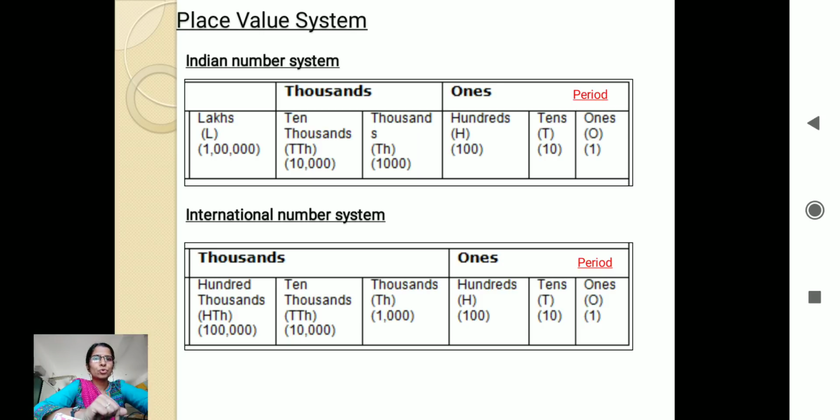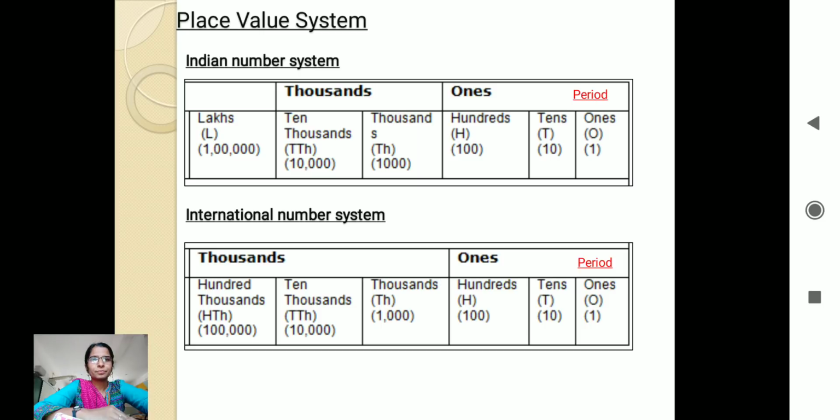So this is the basic difference of reading only, actually reading or telling the number in the Indian number system and the international number system. In India, we call it 1 lakh, but in international, when you go out, they will call it 100,000s. Or if it is 10 lakh, it may go to 1 million, as the next period will start.